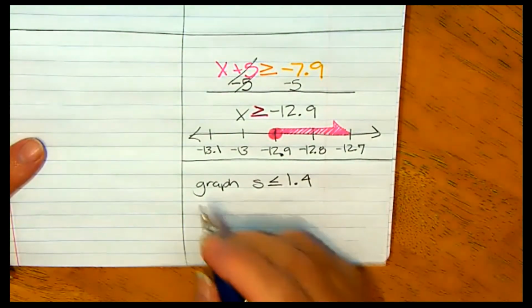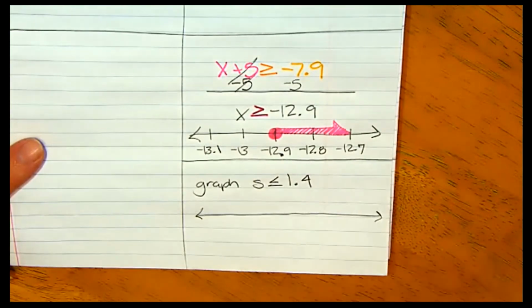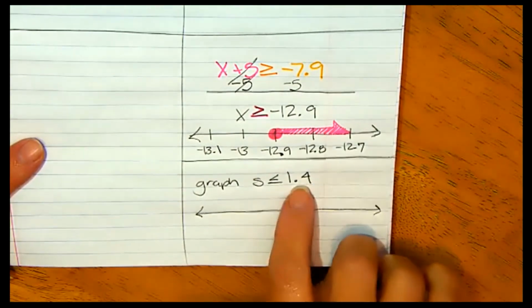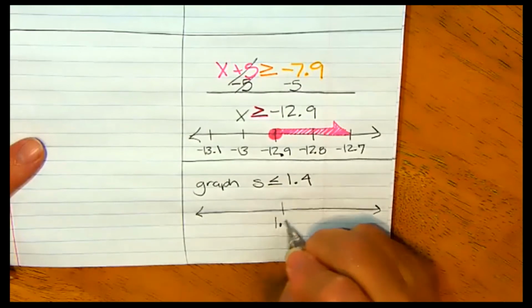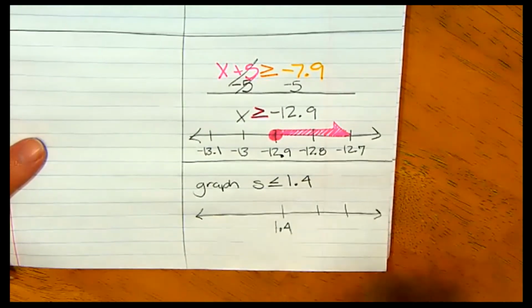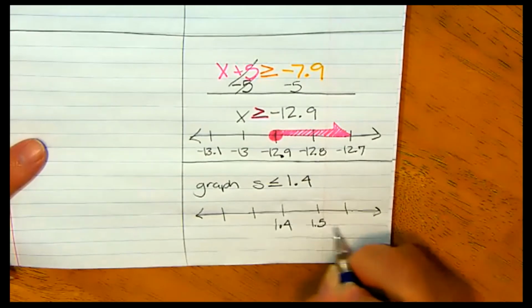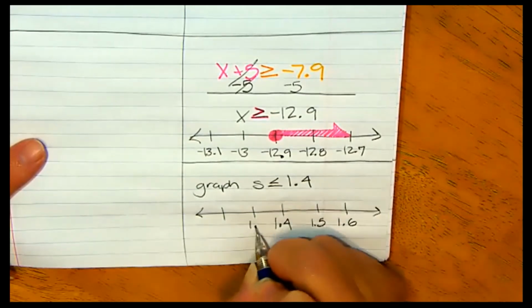So the first thing I'm going to do is draw my number line. And I put my target in the middle. I'm going to go 2 ticks to the right and 2 ticks to the left. And yes, you need to label them.